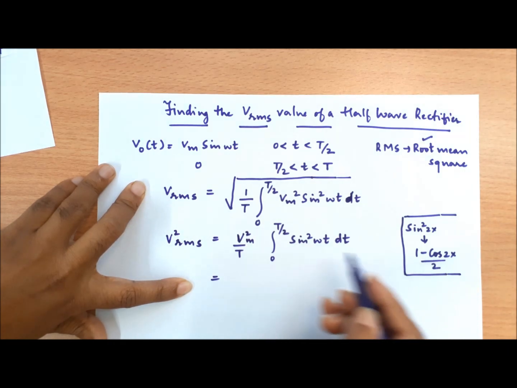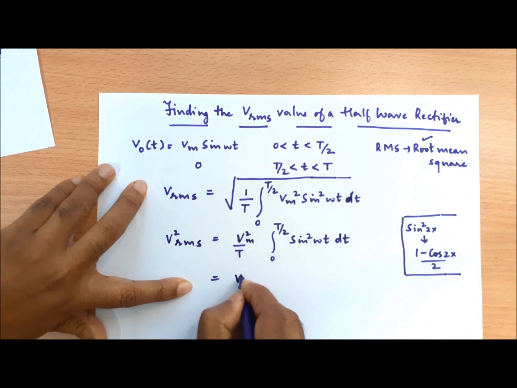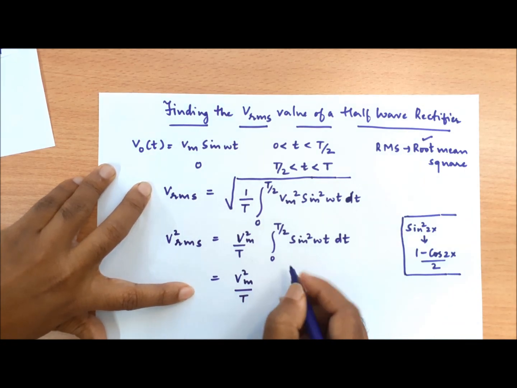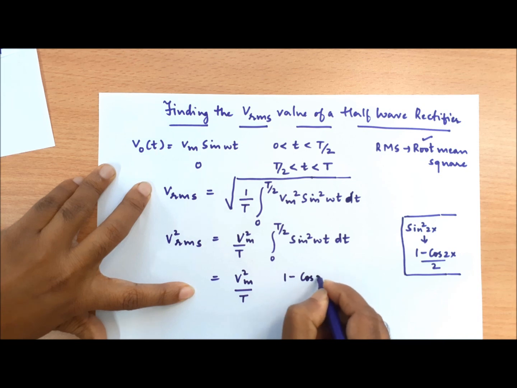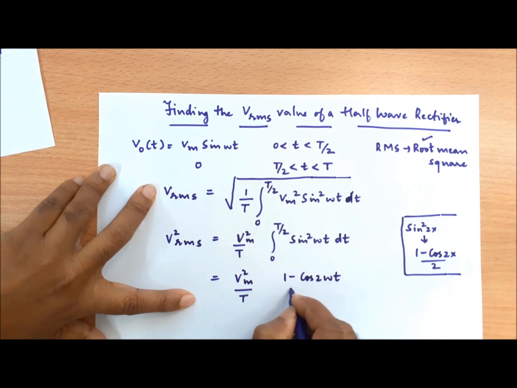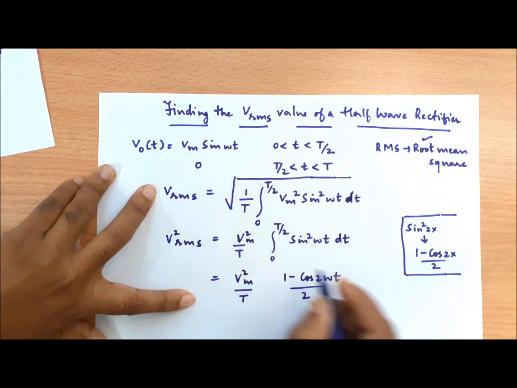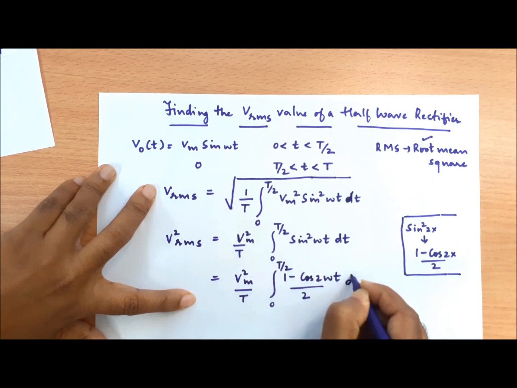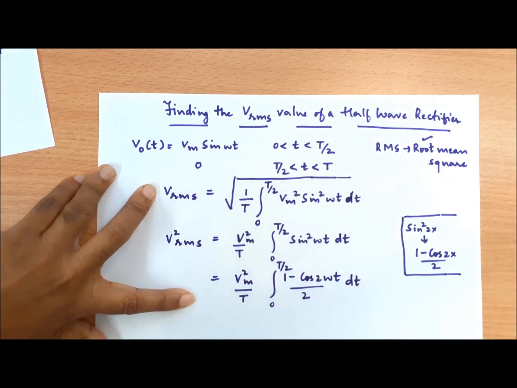So substituting the same thing over here, it is Vm square upon T, 1 minus cos 2 omega t by 2, integral of 0 to T by 2 dt, right?